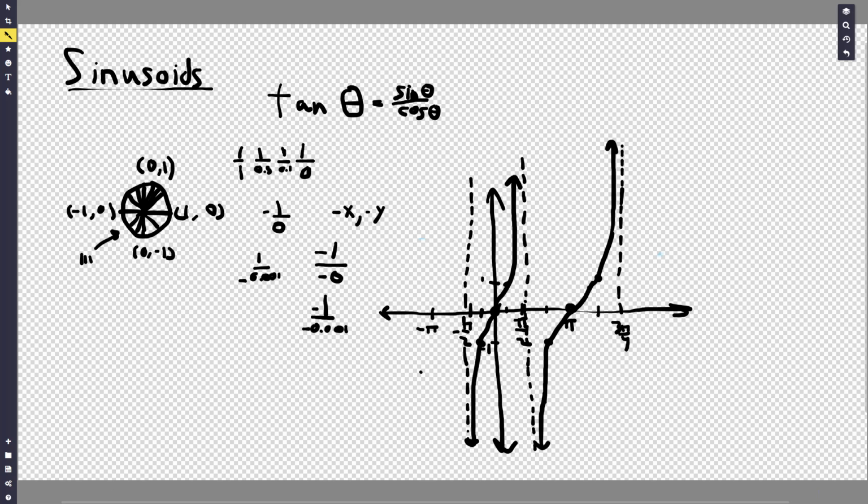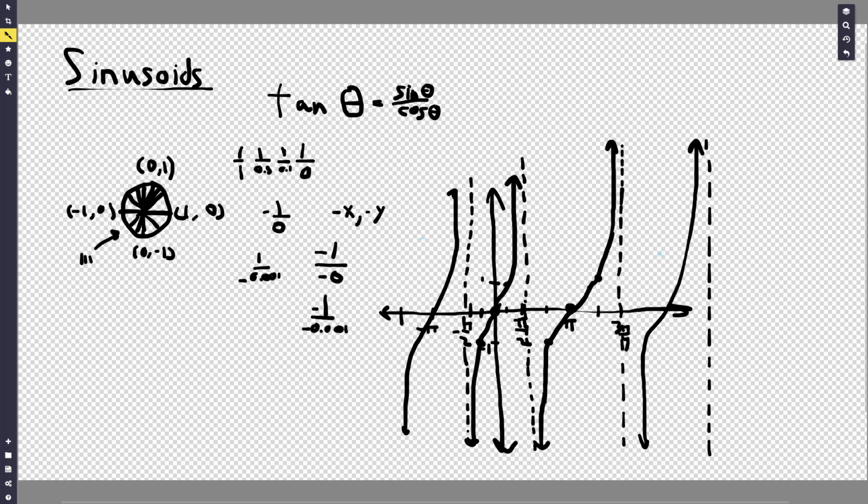So if we were to go this way, it might look something like this, and we can keep going this way, right? And it might look something like that. So this continues on forever. So tangent's a very weird graph, but it's very important to know.